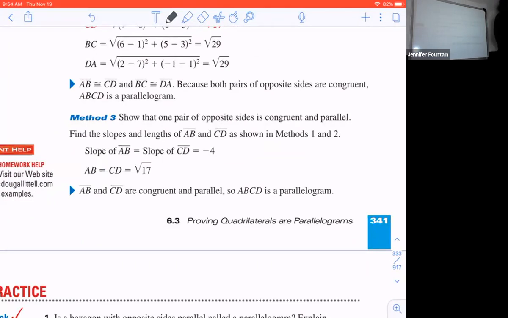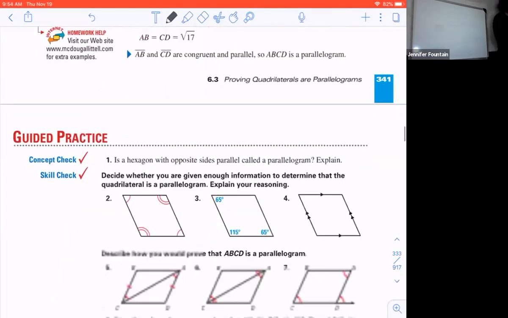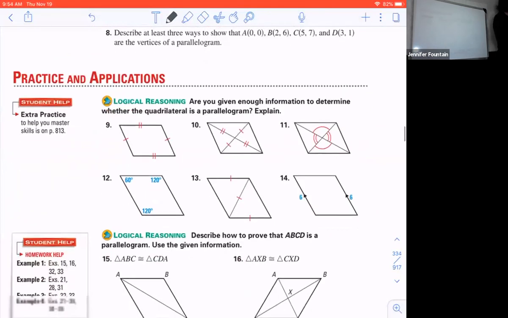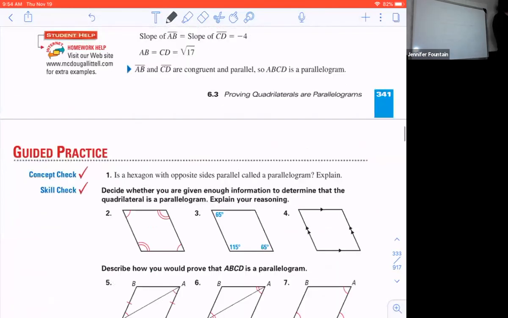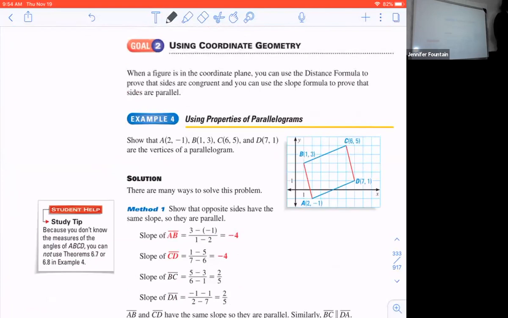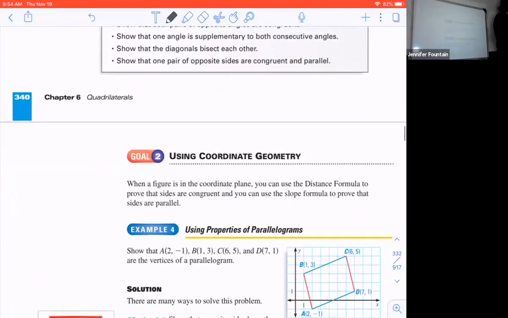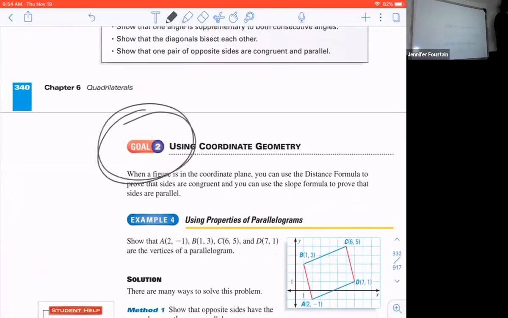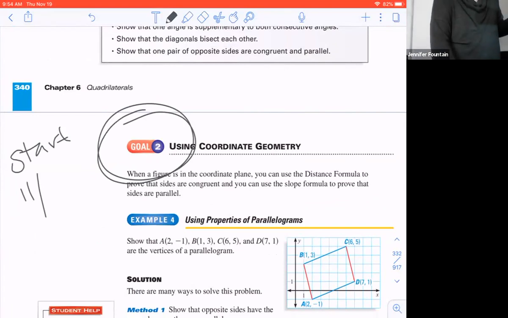All righty. So when we get back from Thanksgiving, the main thing that we are going to review is this goal 2. So this is where I'm going to mark start, and that will be on 11. Oh, actually that will be at December. Let me look at our calendar.